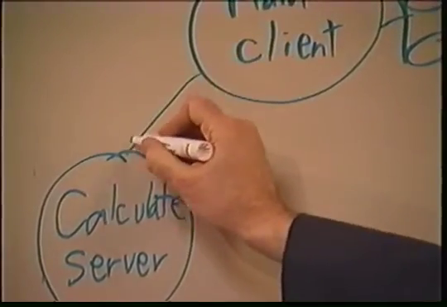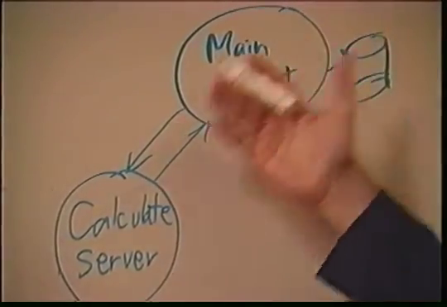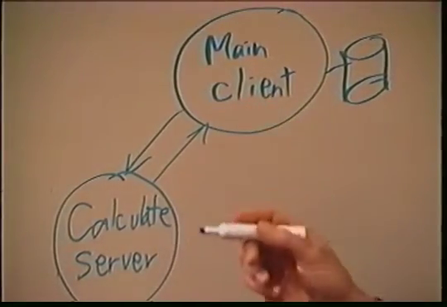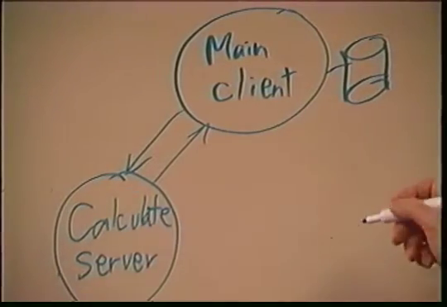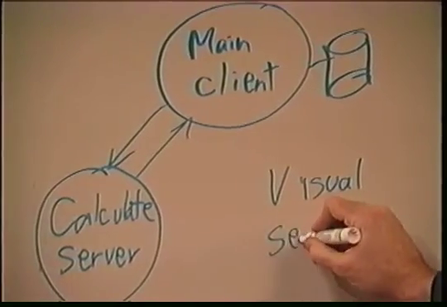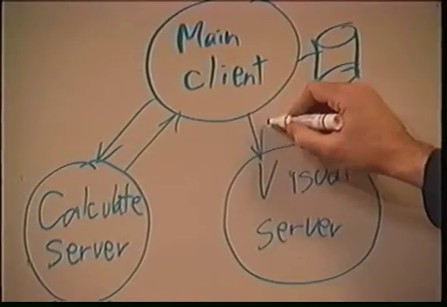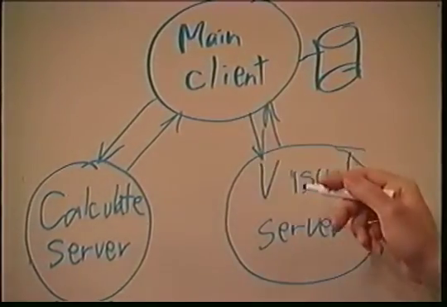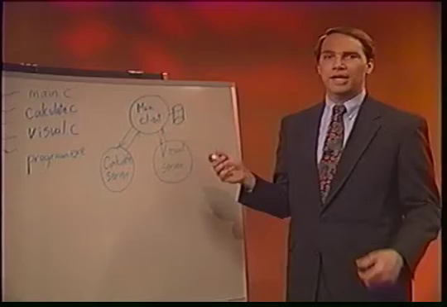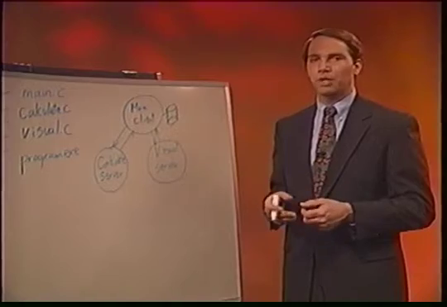And what we would do is use remote procedure calls to have the main application pass the data back to the calculate server, perform the calculations, and then pass that back to the client which made the request. And then finally, we'll create a visual server. And again, use remote procedure calls to pass that recalculated data down to the visualization server to actually display it on the screen using perhaps some 3D graphics package that we want to incorporate.